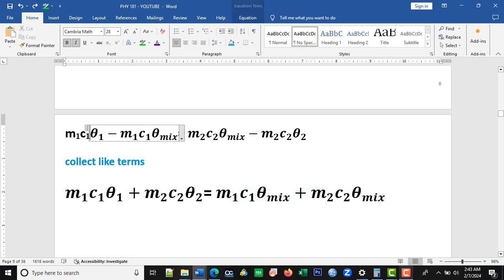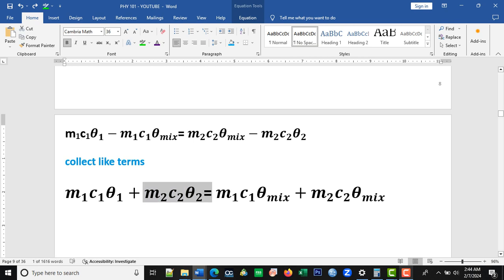Look at my cursor. So we didn't touch this, but rather we brought minus M2 C2 θ2 to the left hand side, and we observed the sign. So the minus sign was changed to a positive sign.